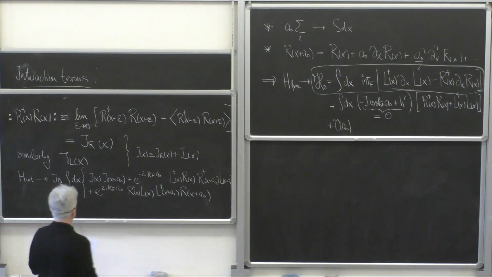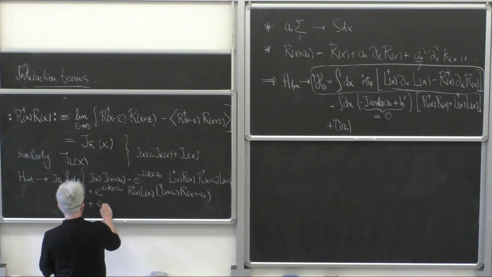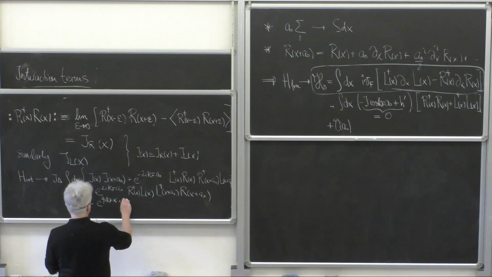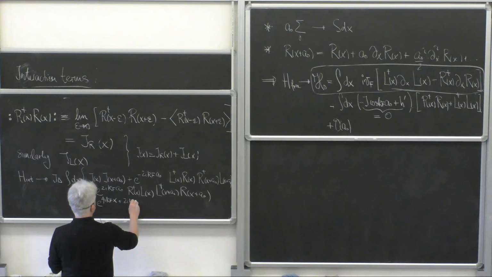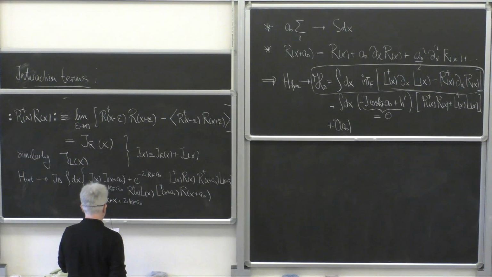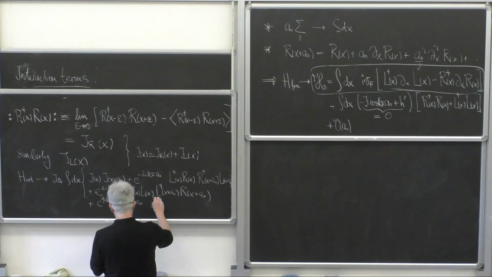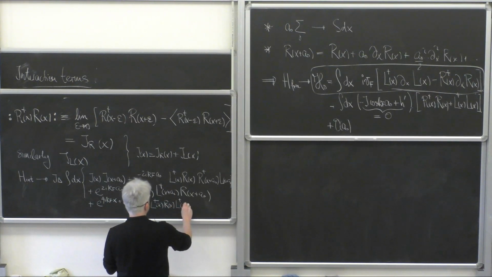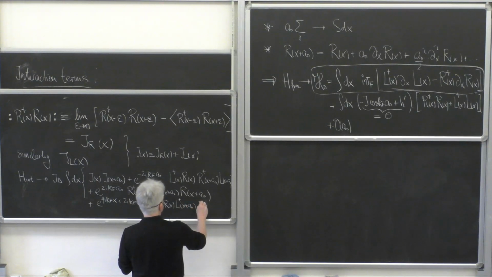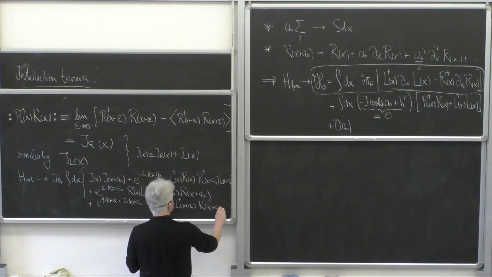Okay, and then we have two more, plus e to the 4i kF x plus 2i kF a naught. Here we get left dagger x, right of x, left dagger x plus a naught, right of x plus a naught.